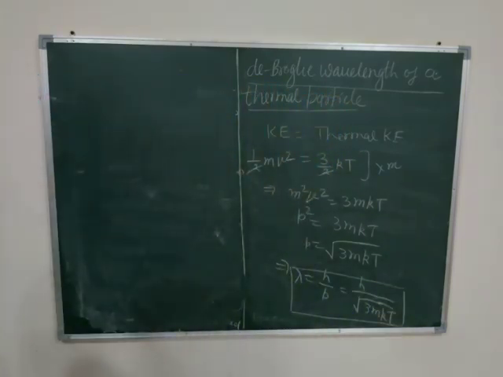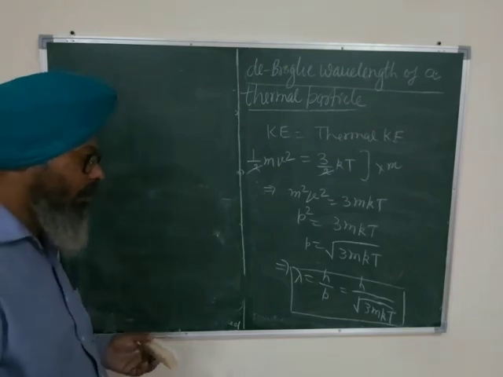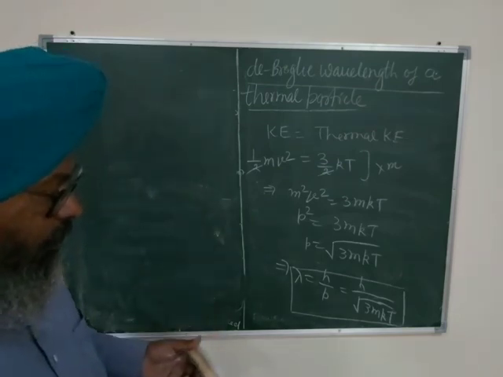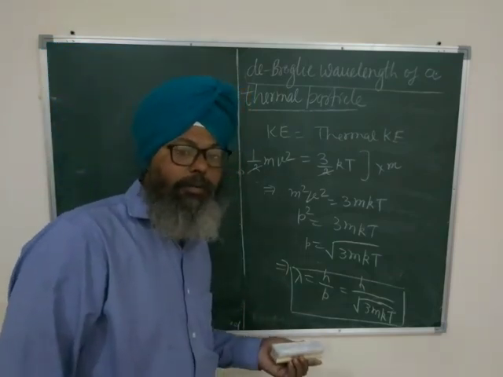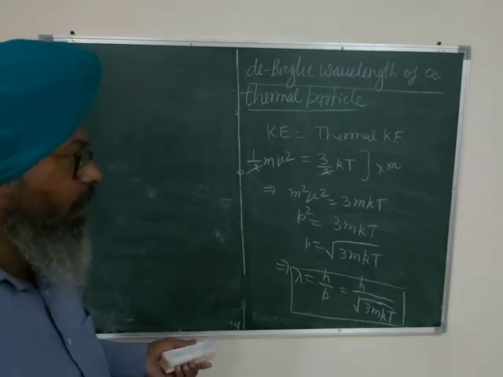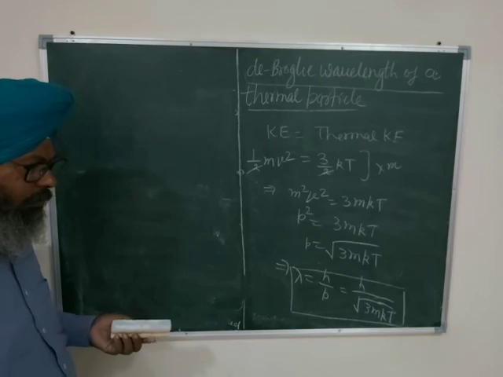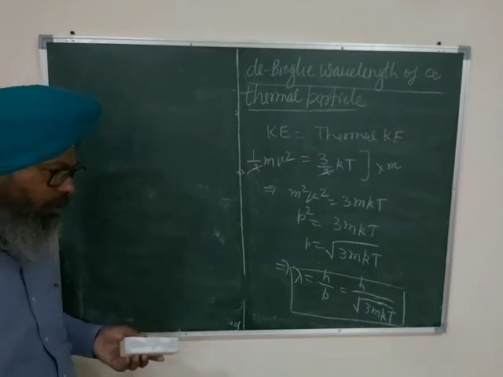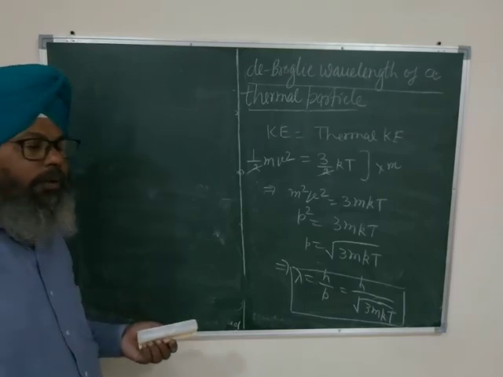It is the absolute temperature. You cannot use centigrade or Fahrenheit scale temperature. If it is given in the numericals, kindly convert that into Kelvin scale before doing the calculations. That is the only important thing that I would like to tell you regarding this expression. So this was all about the theoretical model of the de-Broglie hypothesis.